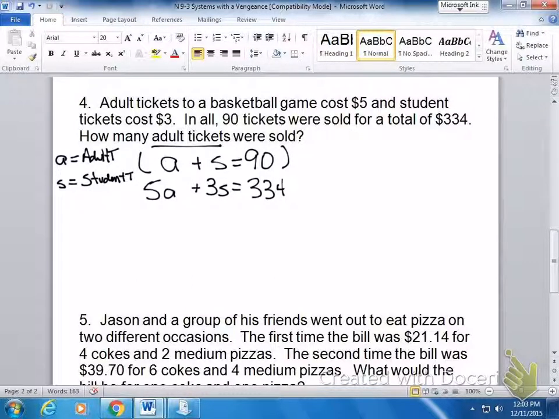I can do that sort of like I did on the last one. I'm going to take the number that's in front of the other S, 3. Since they're both positive, I'm going to make it negative, and I'm going to distribute over my parentheses. Remember, it's all 3 pieces. Now when I do that, the S's will cancel. I can solve for A, and I'll have my answer. If you do this, you should get that they sold 32 adult tickets. So A equals 32.